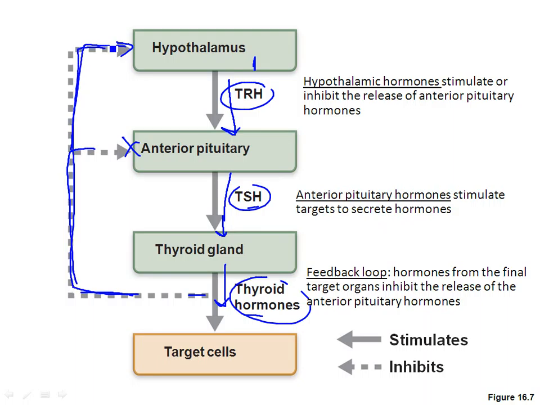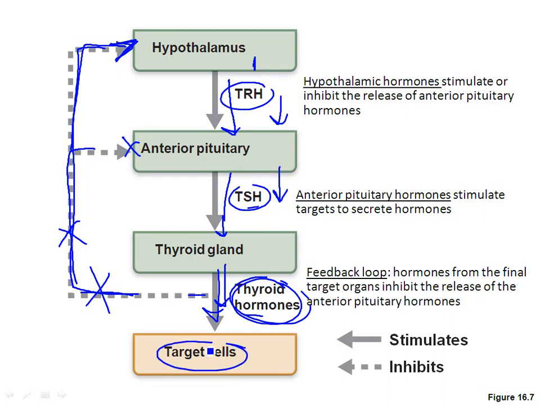If you don't have enough thyroid hormone, you don't have this feedback, so the hypothalamus makes more TRH, making the anterior pituitary send out more TSH. The more TSH you have stimulates your thyroid gland to send out more thyroid hormone. This is just constantly going around in a circle, in a feedback loop, increasing and decreasing the amount of thyroid hormone you ultimately have going out to your target cells.